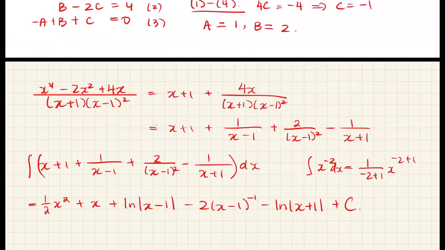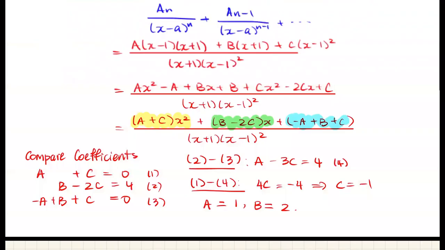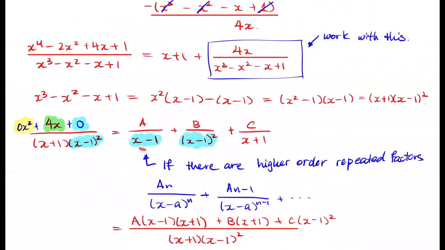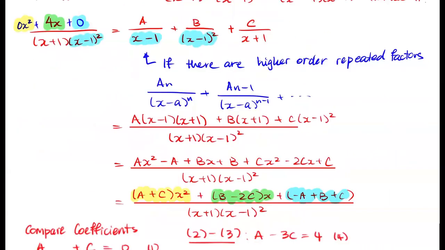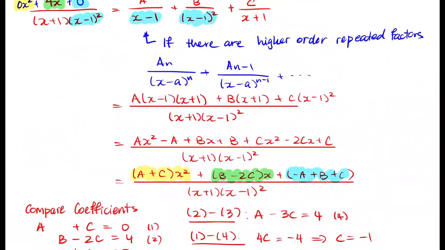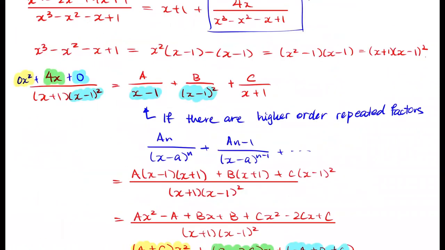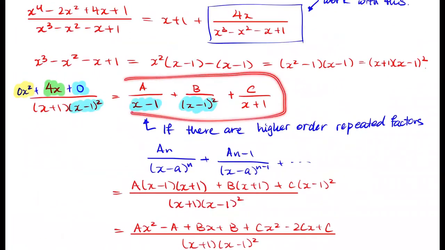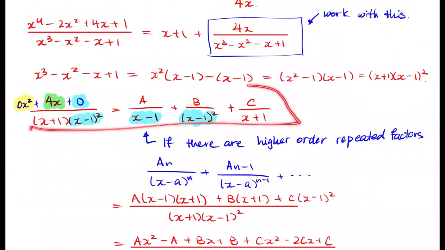So this is when we have repeated linear factors. That means we would have to apply more terms with constant numerators here. So you do the same process for most of the time. The place where it gets a little bit different is whenever you have to deal with the partial fractions part.